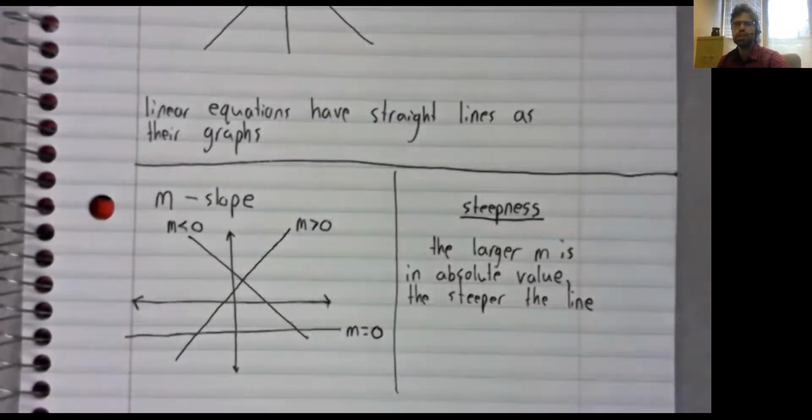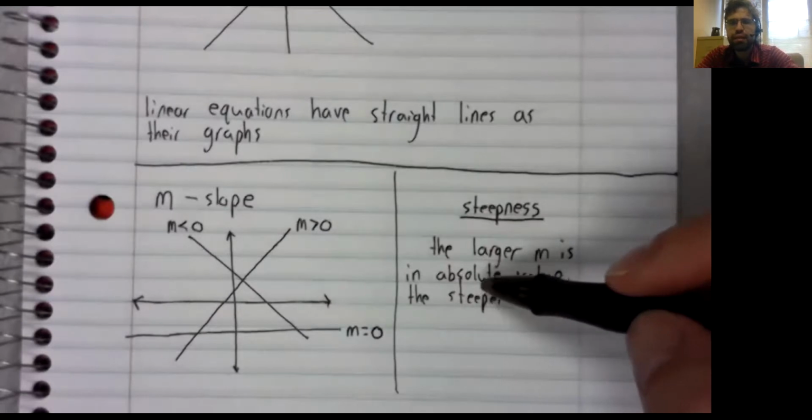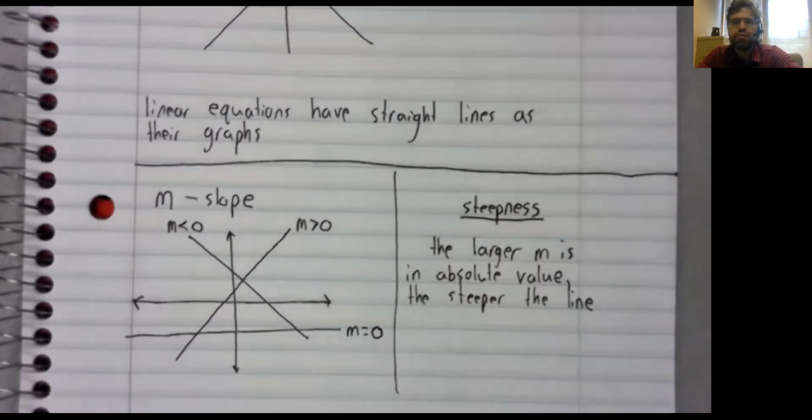So hopefully you've seen absolute values before. What I'm trying to convey with this, if you haven't, is that I want to think of something like 1,000 and negative 1,000 to both be large numbers. And I want to think of something like 0.5 as being a small number.